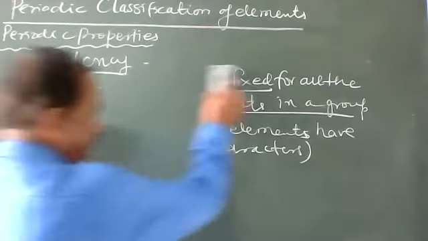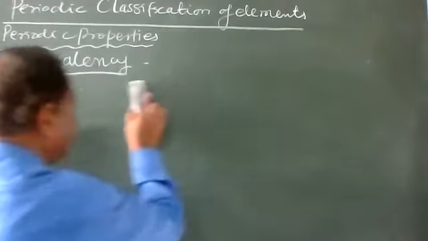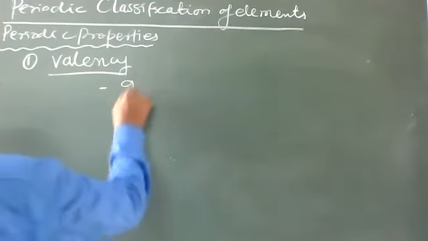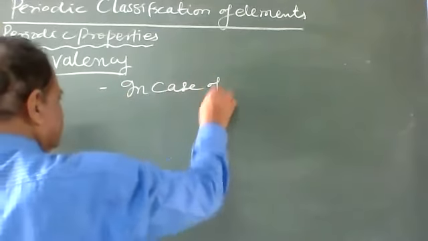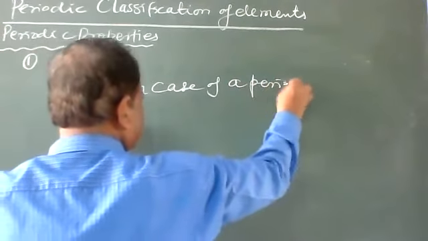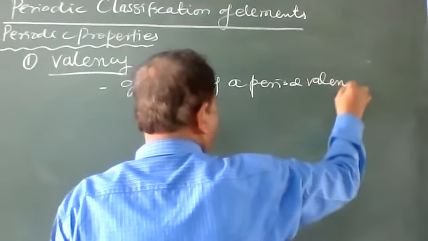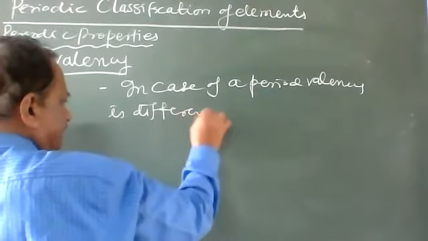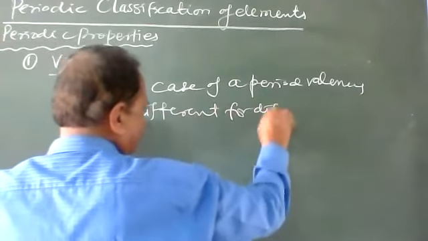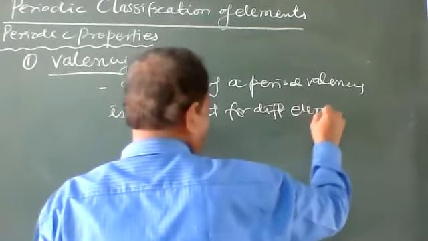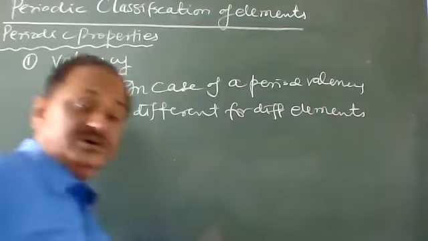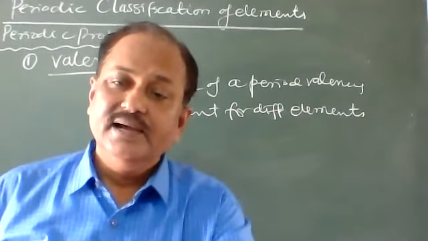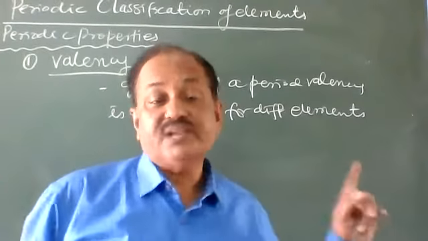Now this was in the case of a group. In the case of a period, valency is different for different elements. As you move from left to right in a period, the valency is different.